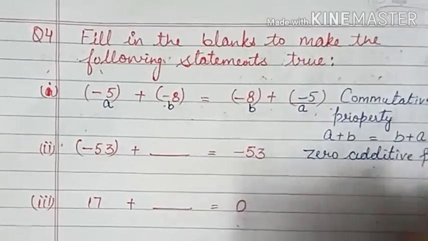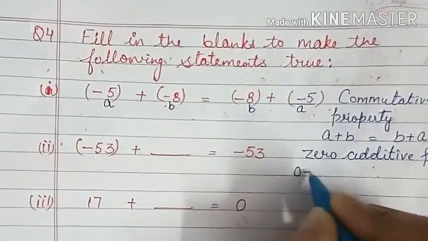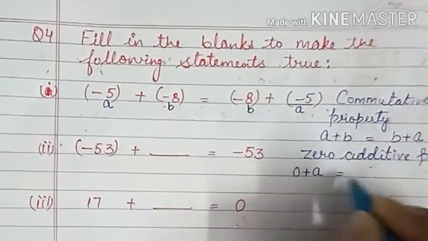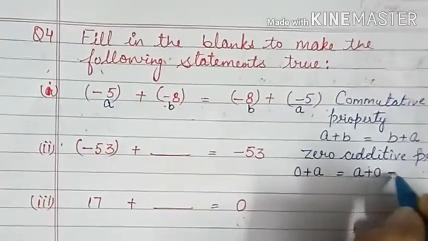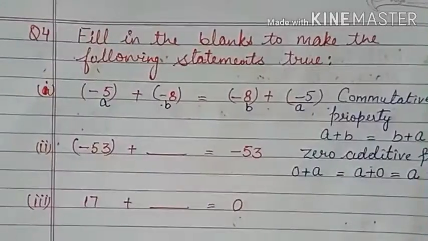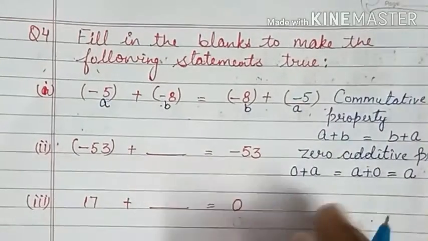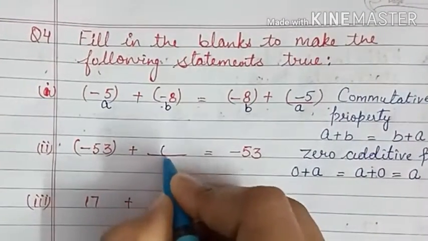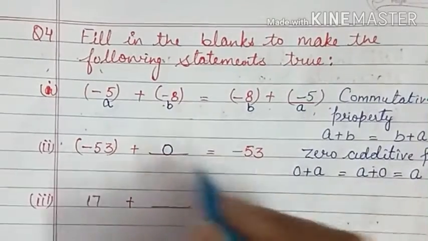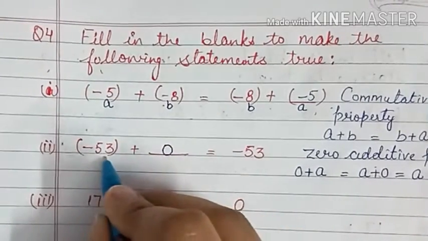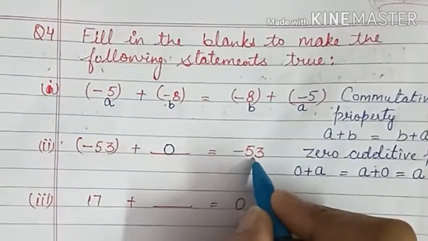According to this property, if we add 0 to a, or a plus 0, it will remain a. According to that, we will put here 0. If we add 0 to any integer, it will remain the same.